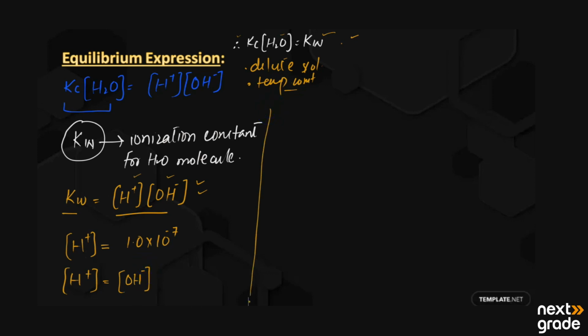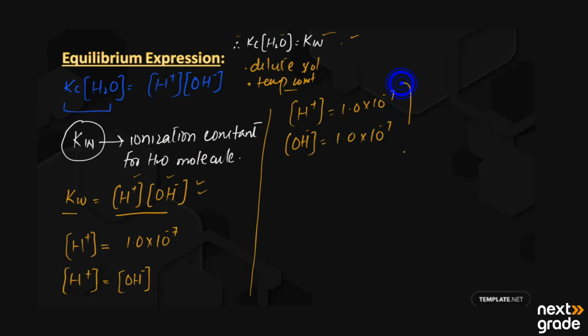So H+ is equal to 1.0 × 10^-7, and likewise OH- is also equal to 1.0 × 10^-7.